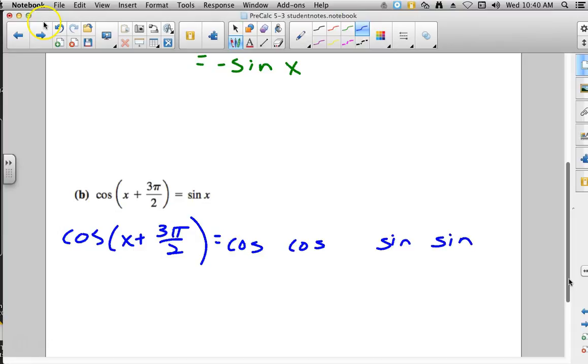But what's the issue? Yeah, we have to change it to subtraction. Now we're going to put in our little x and our 3 pi over 2 and hope things work out nicely. And you and your partner are going to come up with the reduction of this one.